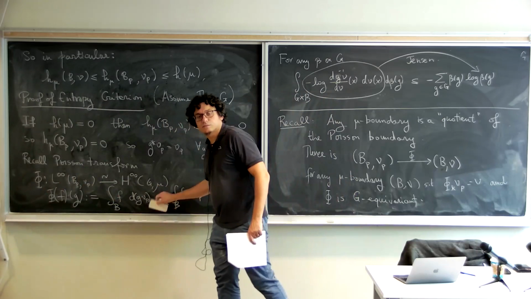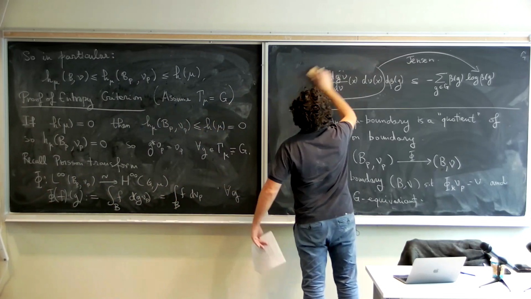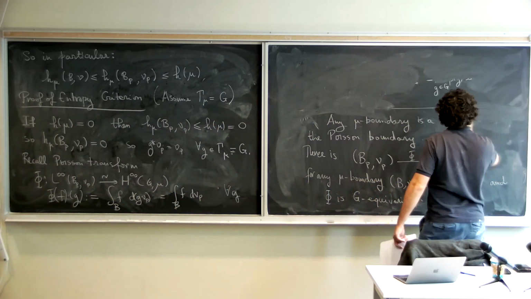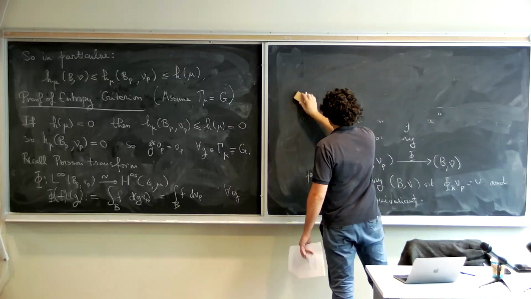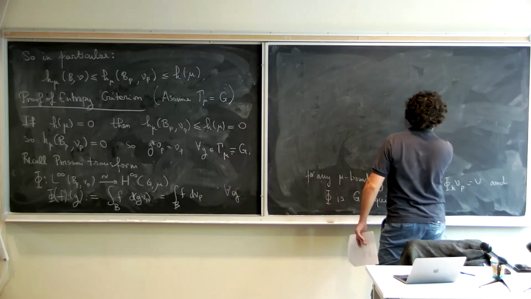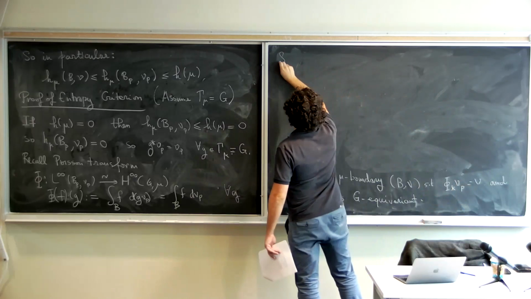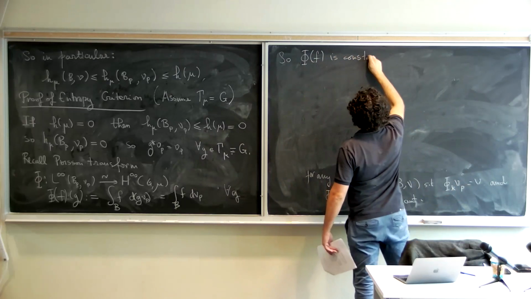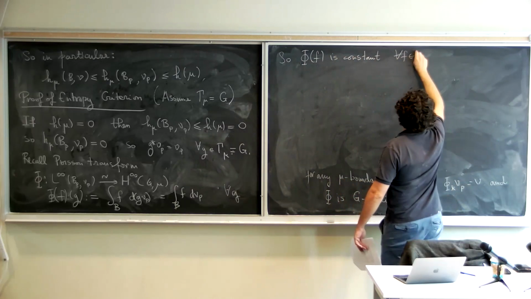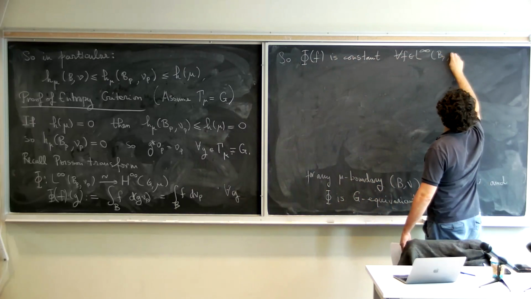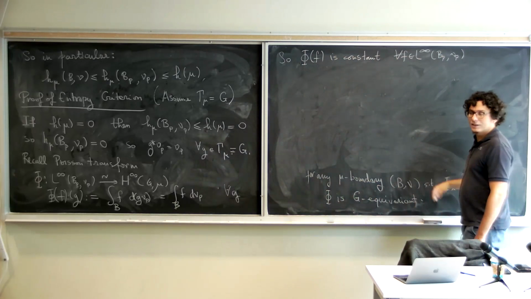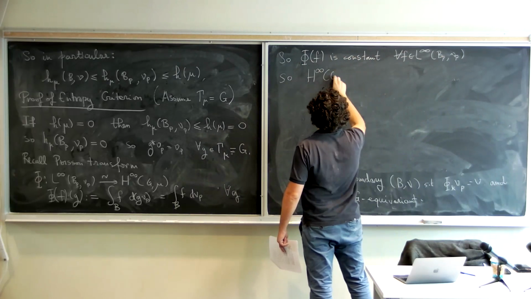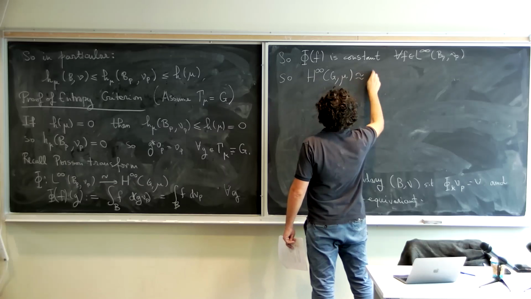So it's constant. So phi f is constant for any f in L infinity. So clearly this means that H infinity, because it's isomorphic, must be just R.